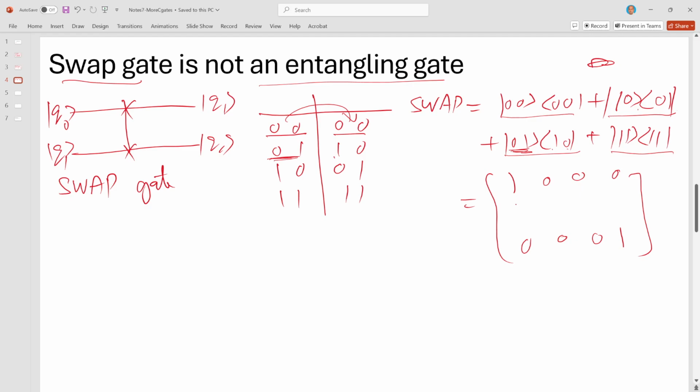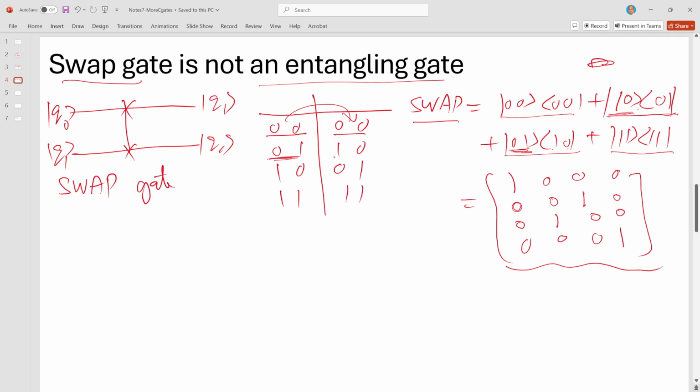This is the 01 00, this is the 01 01, this is the 01 10, this is the 01 11. Now this is in the third row because 10 comes in the third row. So this is 10 00, 10 01, 10 10, 10 11. So this is the matrix representation of this swap gate.